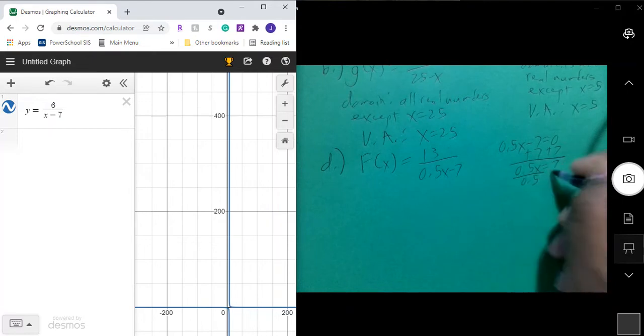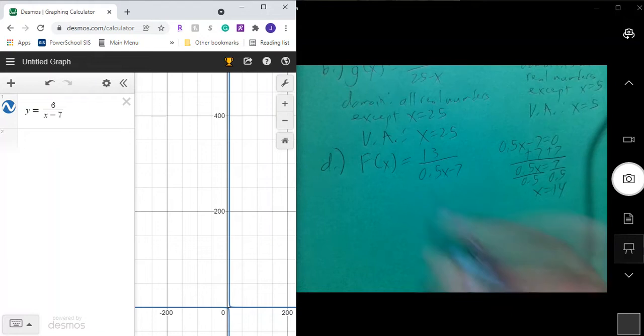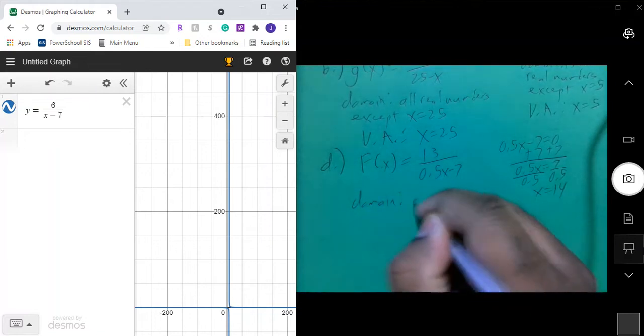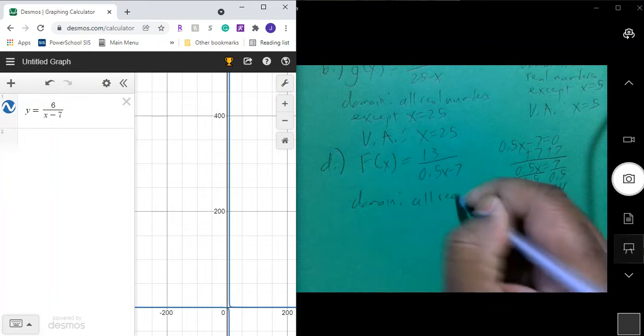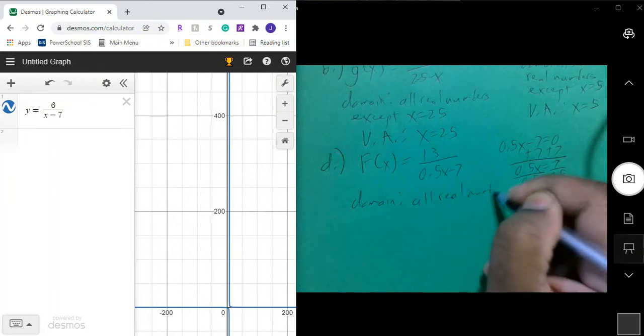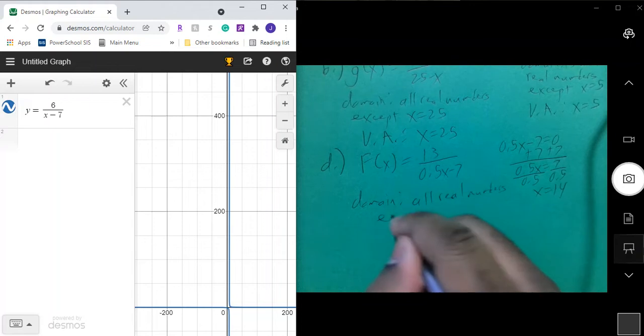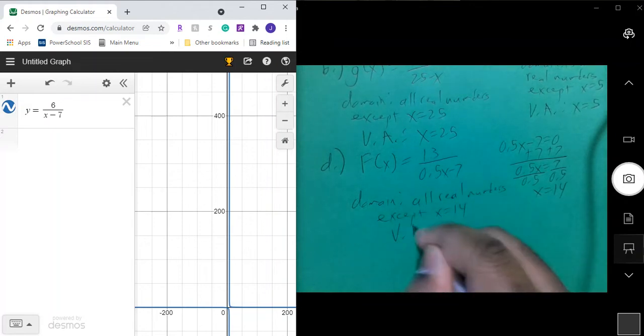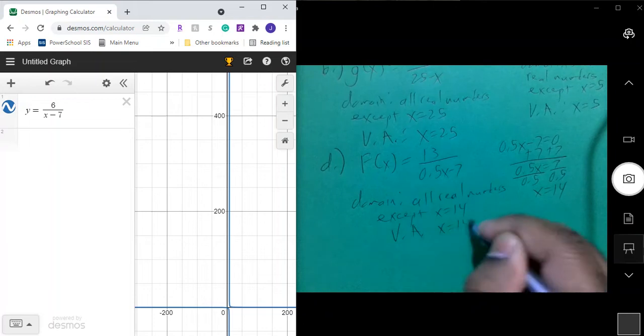Divide each side by 0.5. And x is 14. So your domain is all real numbers except x equals 14. And your vertical asymptote is x equals 14.